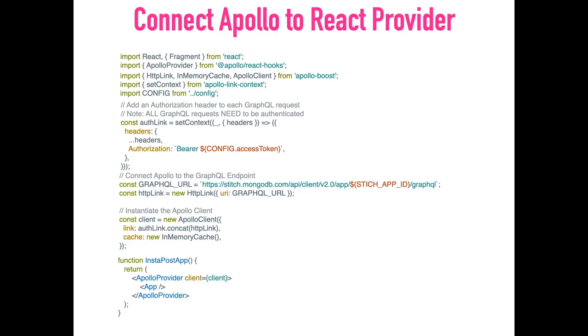That way all the children components have access to all of the hooks that we have as part of our Apollo provider, right? Just like with Redux, if you wrap your application with the Redux store, all the children components have access to all the Redux methods and the Redux store itself. In this instance, we're giving access to those Apollo GraphQL interfaces.